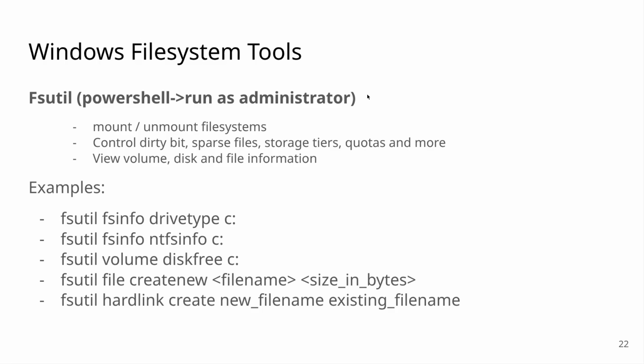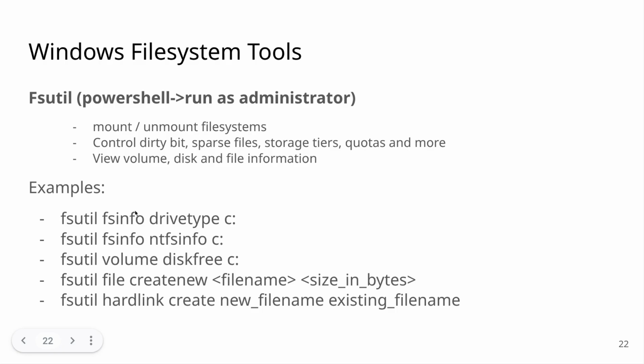User quotas: if you have multiple users, you might want to control how much space everyone can allocate at maximum, so that they don't DoS your system by allocating giant files. Also volume names and all that stuff. So you can control many parameters using the fsutil command. I'm listing here just some subcommands of fsutil. You can always just run fsutil help and you will see all the possible parameters.